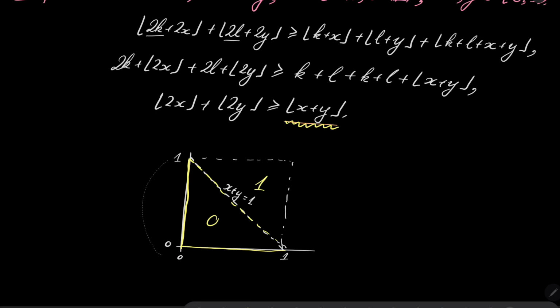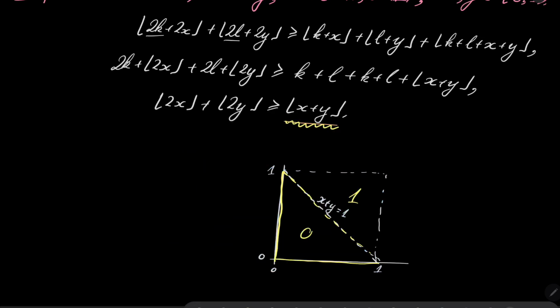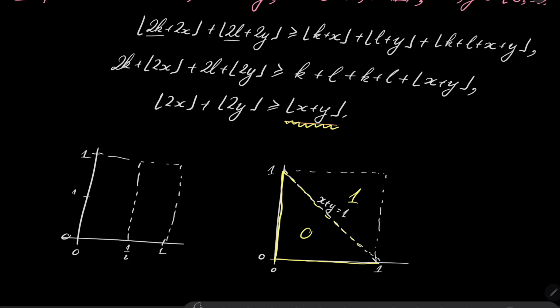Alright. And what about the left-hand side? Let's see. I will divide my unit square into 4 parts along the lines 1/2, 1/2. When both x and y are less than 1/2, on this part, the value of this expression is 0.